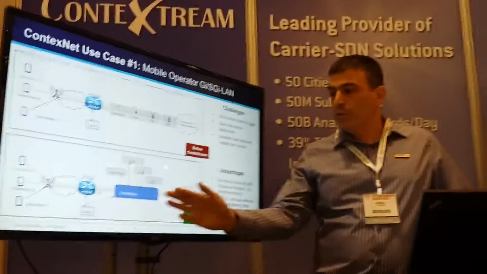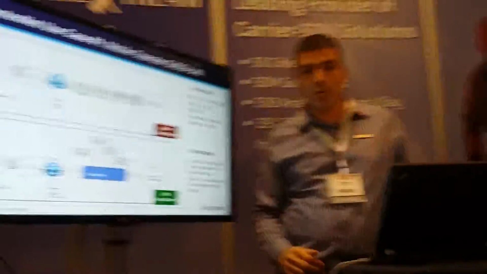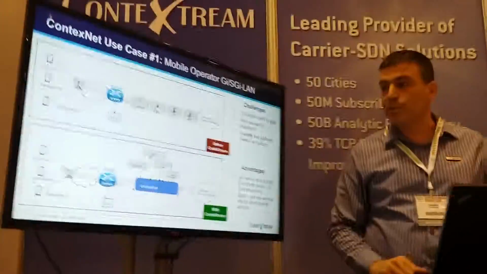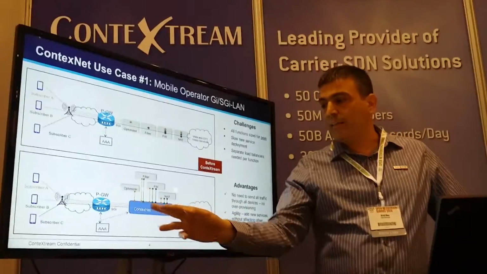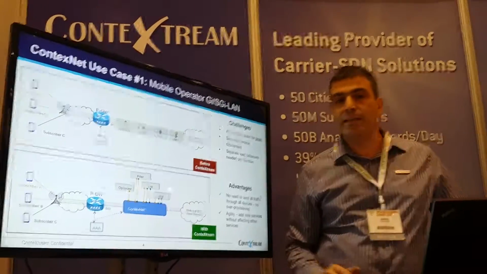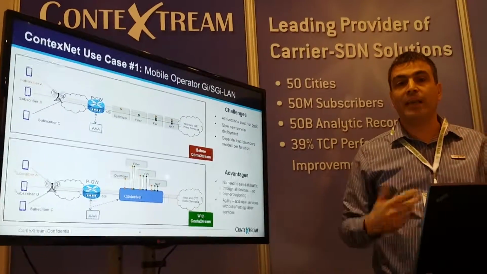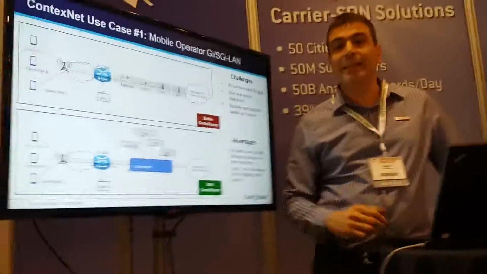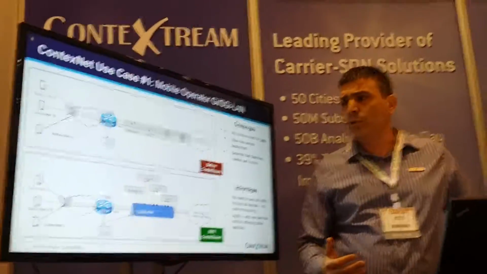While when you put ConteXtream control into the game, only ConteXtream, which is highly scalable, carrier grade, and integrated with the network, is always in the path, and all the rest of the functions are used only when they need to be.